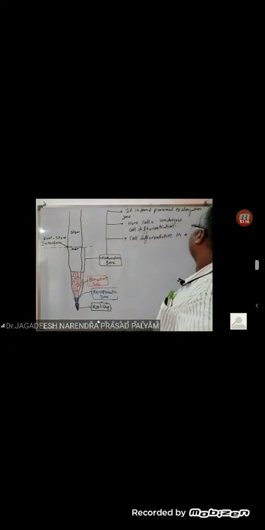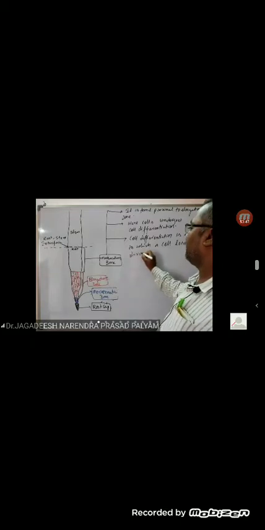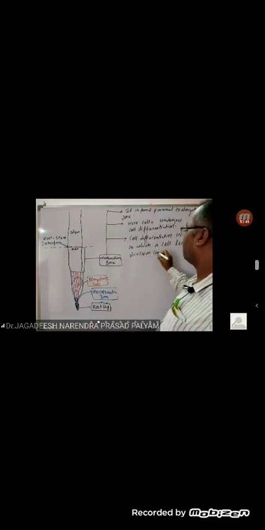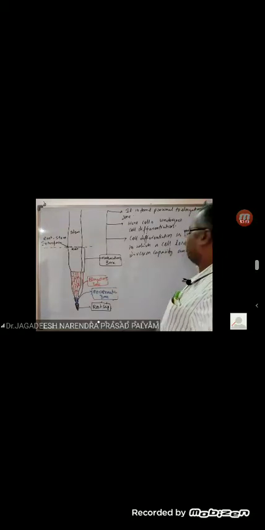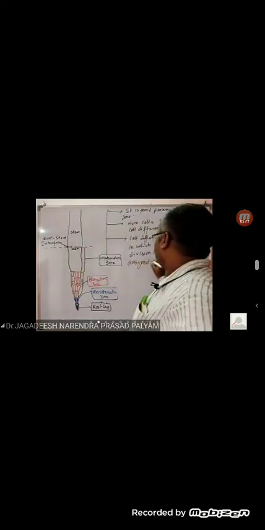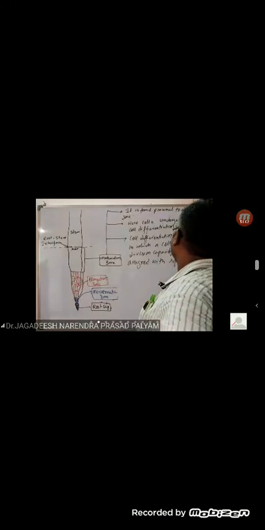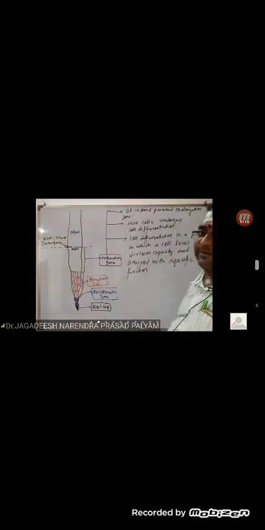is a process in which a cell loses division capacity and is assigned with a specific function.